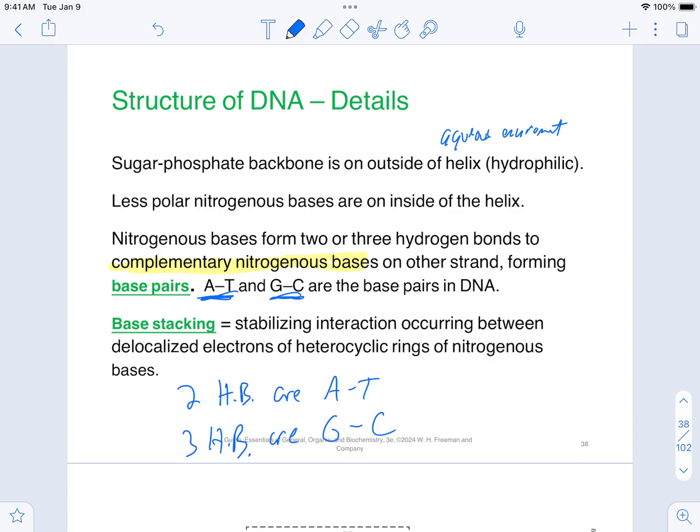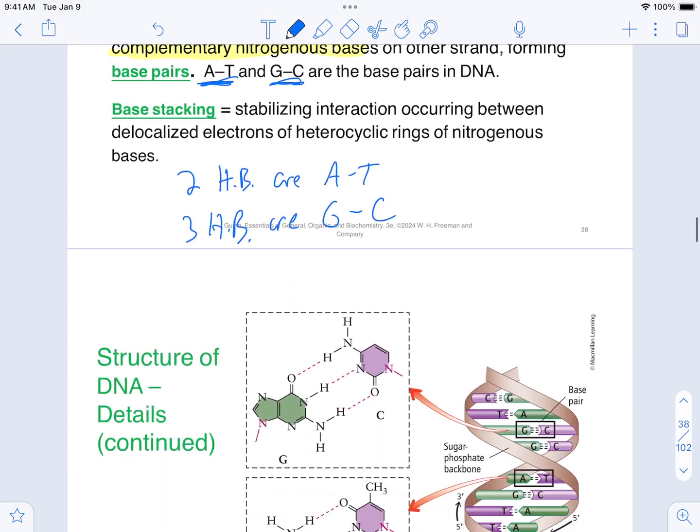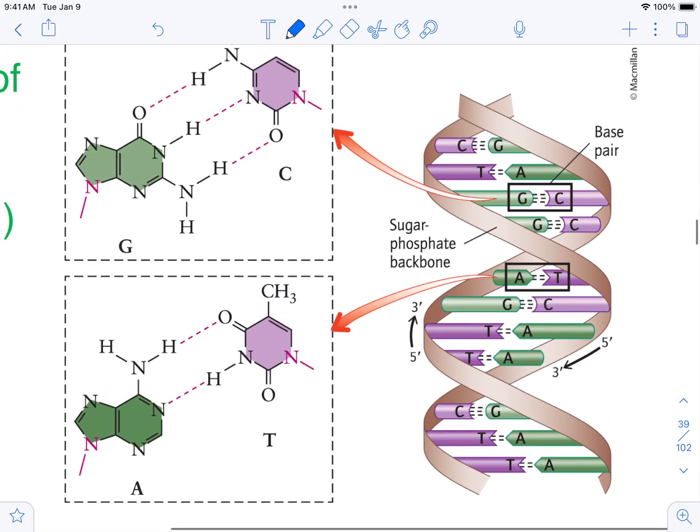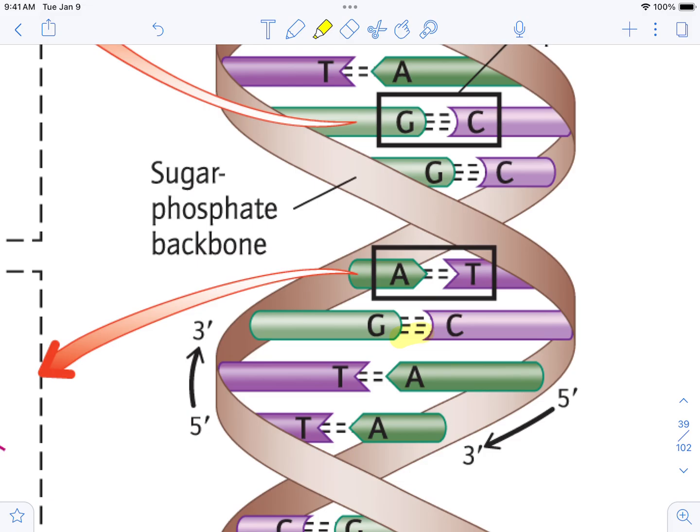So your base pairs and your base stacking together are what hold the double helix of DNA together. We know hydrogen bonding is not the strongest, but with the base pairing and the base stacking together, that's what holds them together. Okay, so again, looking at this picture here, here are your 3s for your G's and C's, and here are your 2s for your A's and T's.